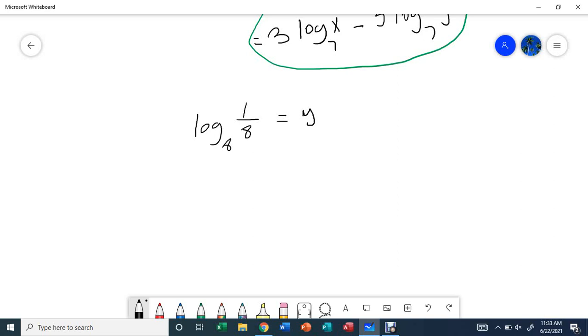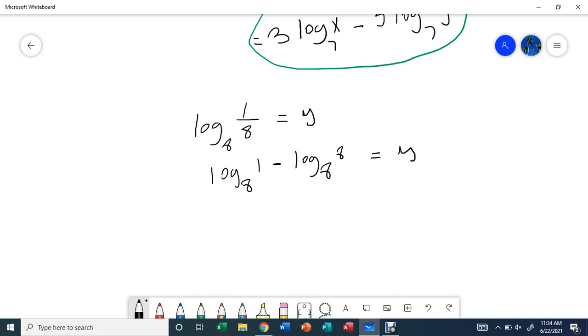So I can use the quotient rule for this one, log of 1 minus log of 8. So it's going to be log base 8 of 1 minus log base 8 of 8 equals y.